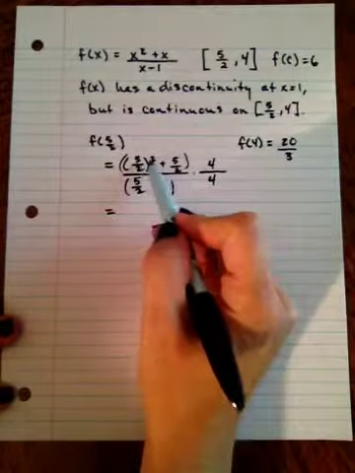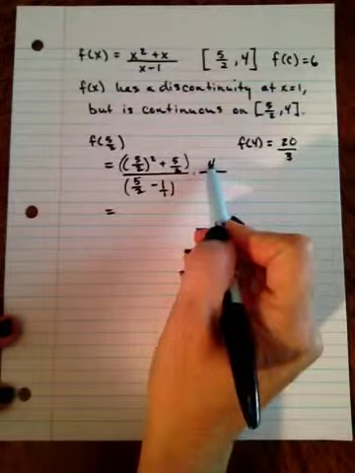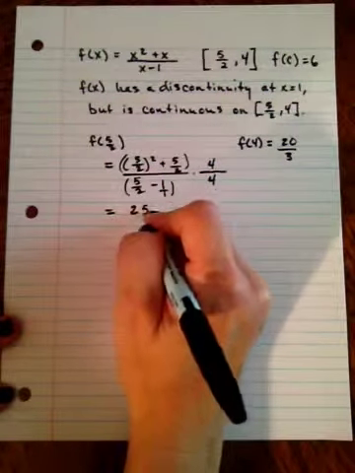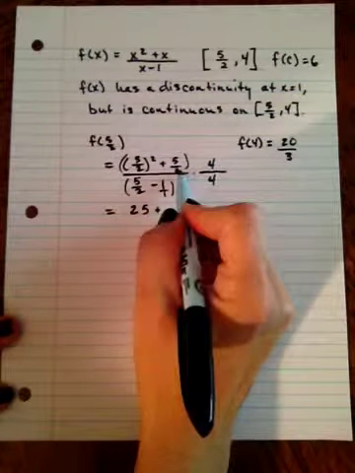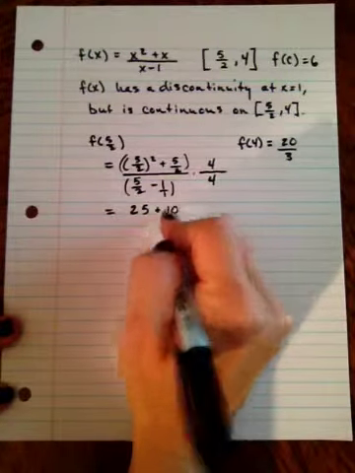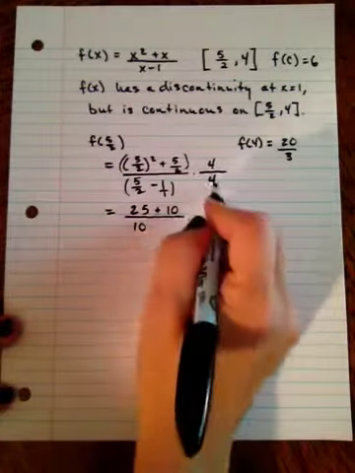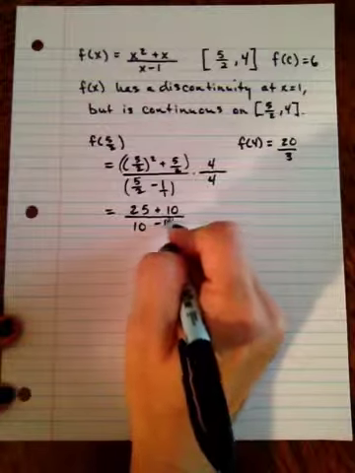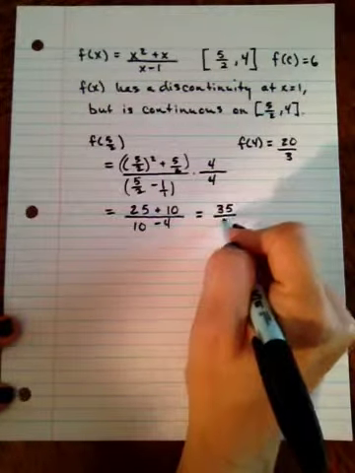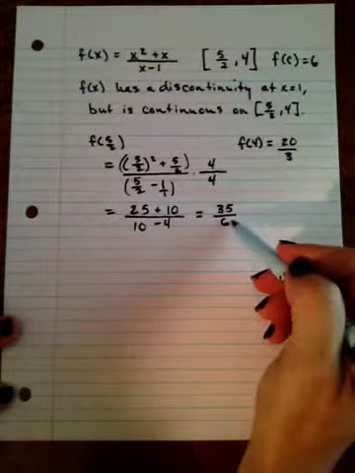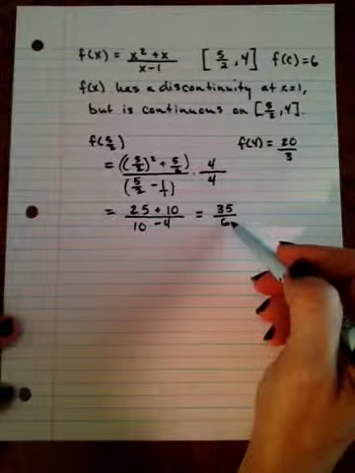So 5 over 2 squared is 25/4 times my 4 is just 25. Plus 5 times 4 is 20 divided by 2 is 10 over, and this is the same thing, 10. 4 times a -1 is -4, and this is equal to 35/6, which that number is between 5 and 6, so it is less than 6, and this is going to work.